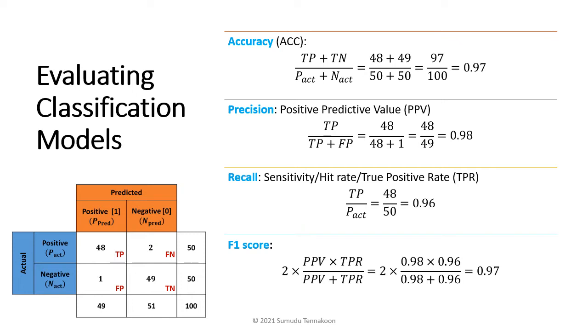And recall we get 0.96, right? They are close to each other for this example, but sometimes they can be very different. And then the F1 score, if we compute, is 0.97 for this example. You can follow the equations from the previous slide. I also have them in this slide, so put the numbers in, and you can compute these numbers by yourself. Try to do this as an exercise if you want to understand it properly.